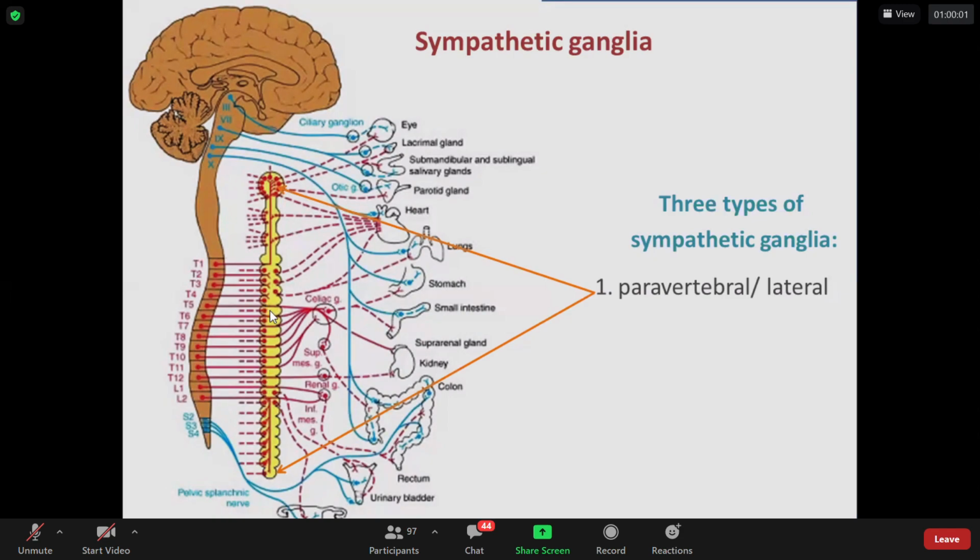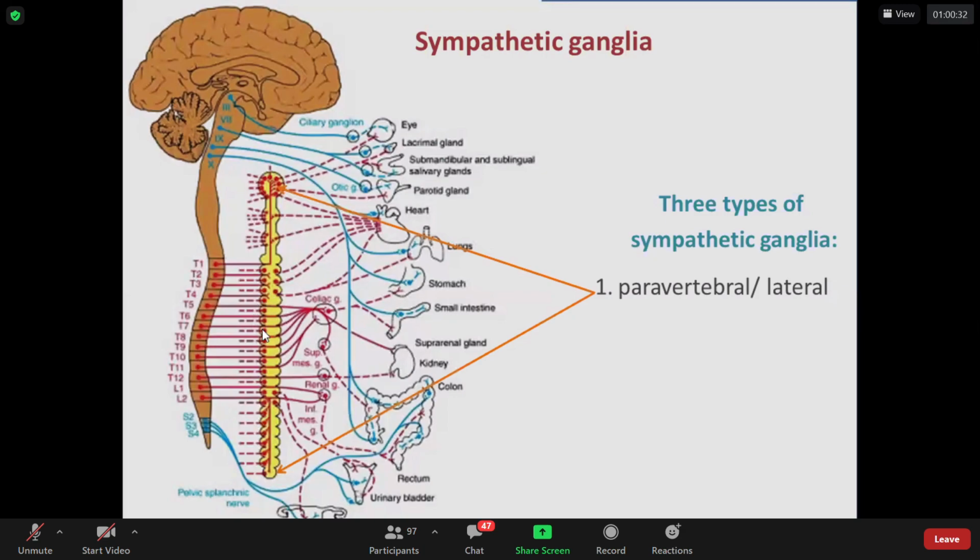Say T5, some cell bodies will terminate here and give rise to the postganglionic fibers from the same segment of the spinal ganglion, but some will go upwards and some will go downwards, and there is a continuation between all these segments. Right, like this one, they have shown it. But actually it is happening. It is number two fate.